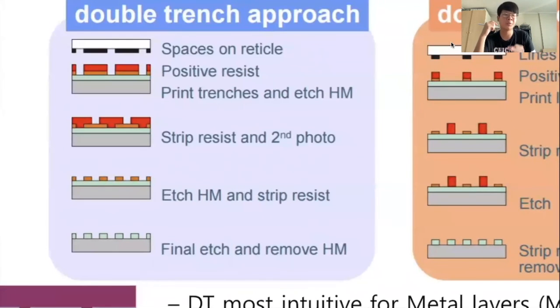hard mask and photoresist. First of all, we print a trench. After that, between the trenches, we make another trench between them, so we can shape finer patterns than just exposing them once.